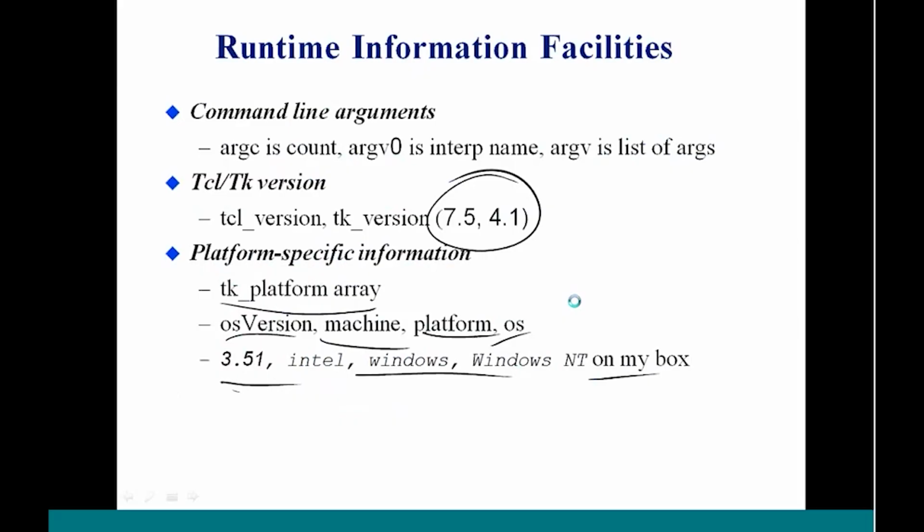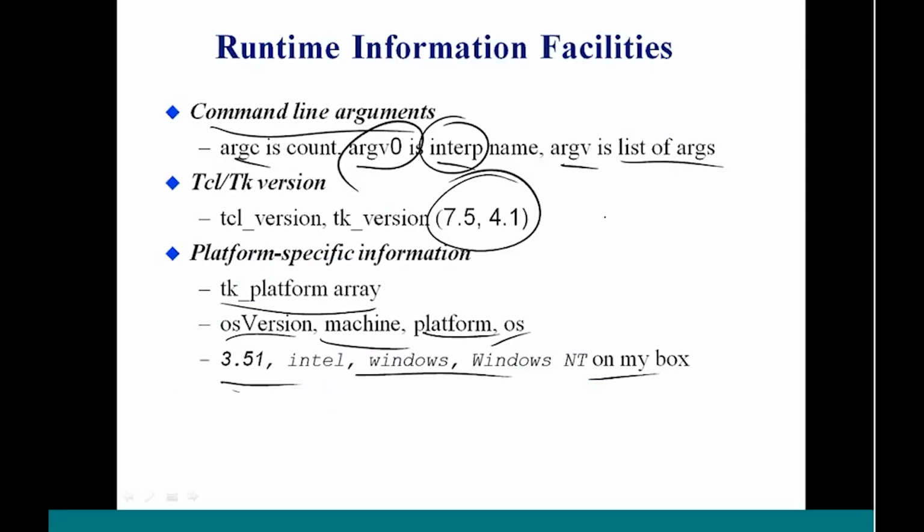Then there are some runtime informational facilities. For example, for the command line arguments, argc is the count, argv0 is the interpreter name, and argv is the list of arguments. We will look at this in more detail as to how to set the various interpreters.